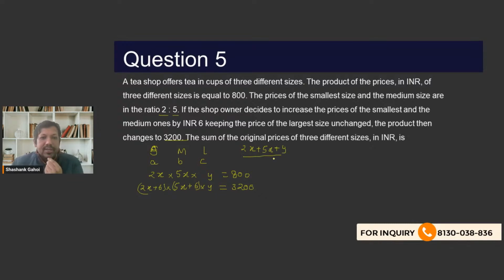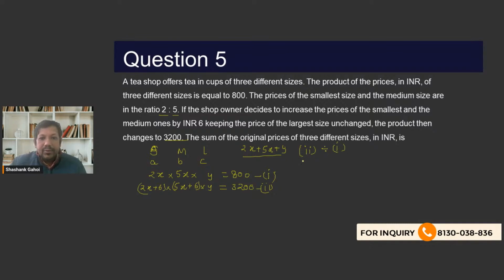Now it is a tricky scenario. Why is it tricky? Because I have two variables, x and y. Both times y is in the product, so let's call it equation 1 and equation 2. I am going to do equation 2 divided by equation 1.